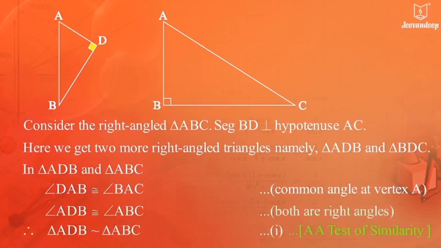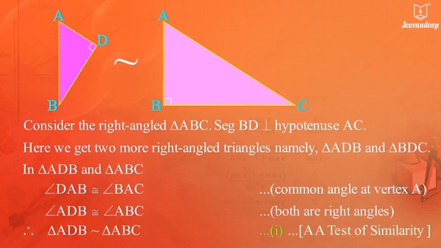Therefore, according to AA test of similarity, triangle ADB is similar to triangle ABC. Equation 1.